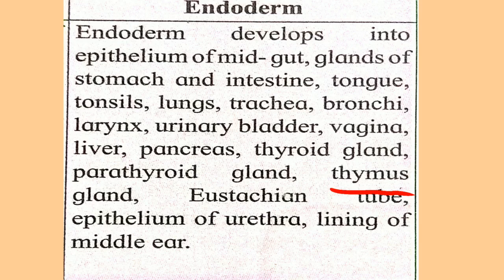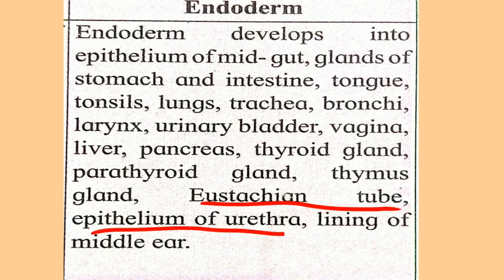Thymus is originated from endoderm. Then parathyroid gland is also originated from endoderm. These are the various short multiple choice questions. In addition to this, eustachian tube, epithelium of urethra and lining of middle ears are also formed from endoderm.